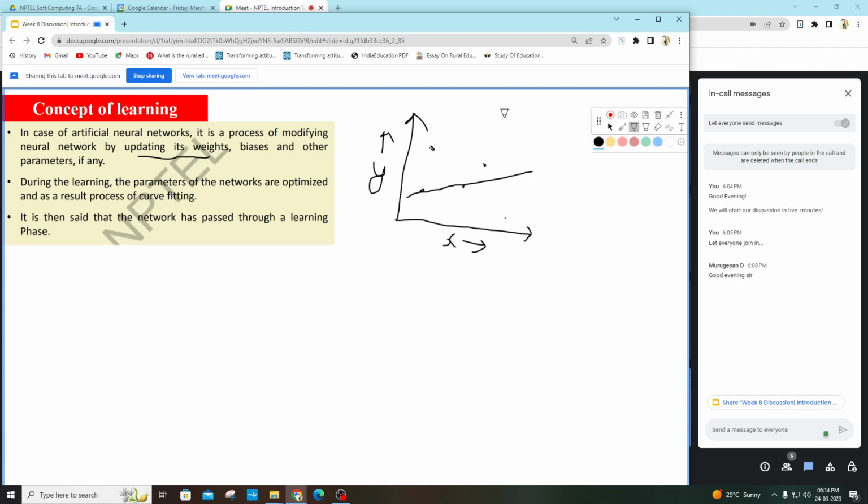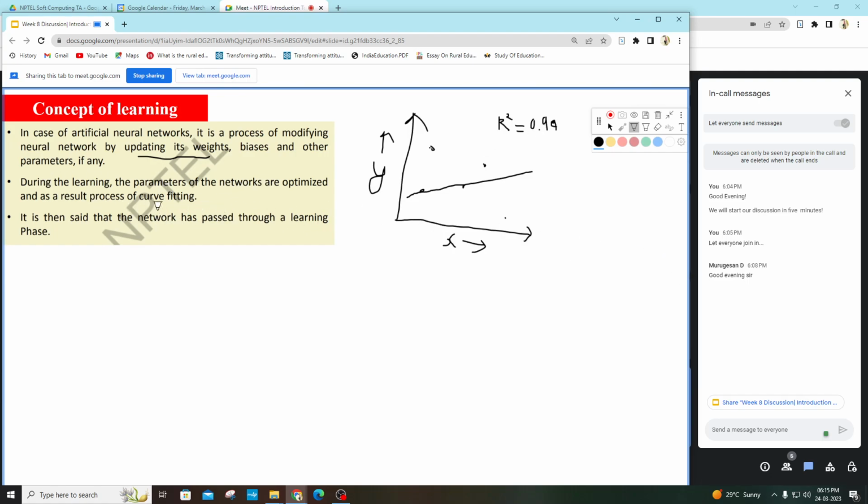This is curve fitting, and then we find out R square, or coefficient of determination, and we try to find a straight line for which the R square is very close to 1, like 0.99, 0.97, more than 0.95, that we take care of. So this is known as curve fitting, and it is a part of linear regression.